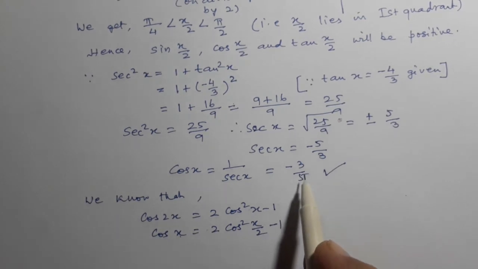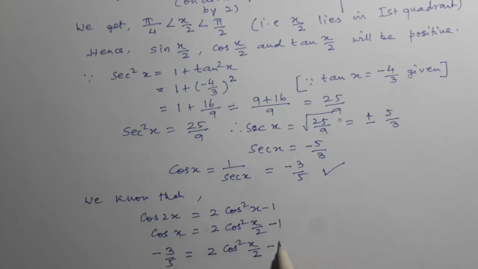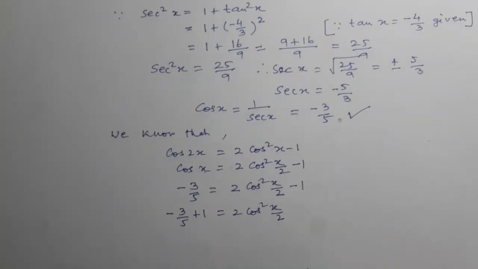But cos x is equal to minus 3 by 5. We shall put here minus 3 by 5 will be 2 cos square x by 2 minus 1. This minus 1 we shall put here. Minus 3 by 5 plus 1 will be 2 cos square x by 2. So it will be 5 as LCM.